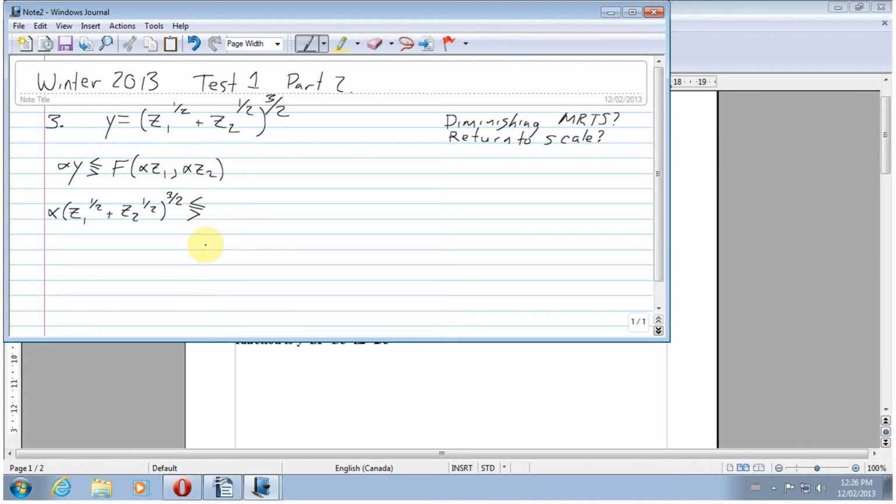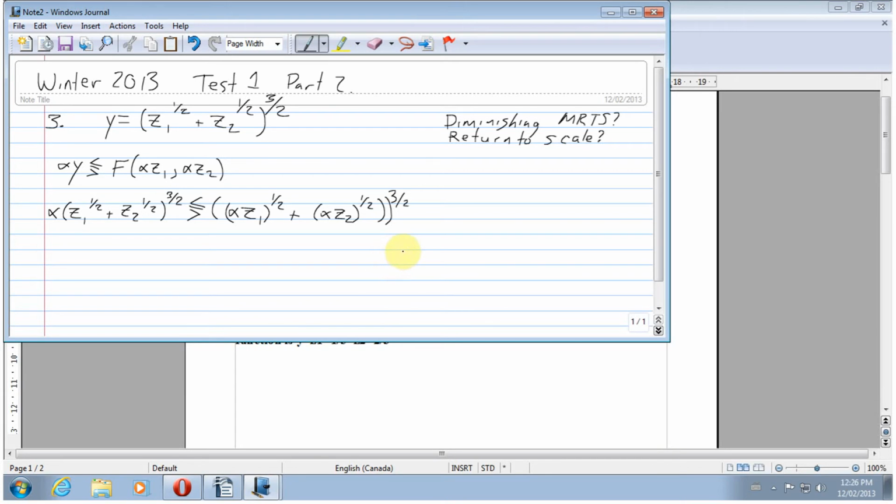And now I'm going to plug in the functional form, and this is where those of you who screwed it up will have screwed it up, by not putting the a inside of the power 1/2. Okay, all this is raised to the 3/2. And I guess I'll make all my brackets right.